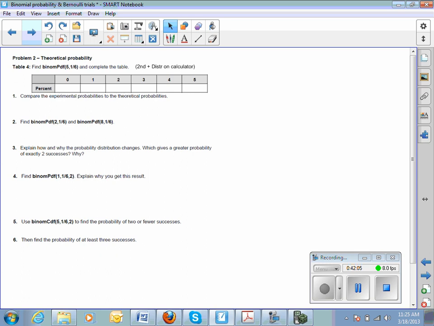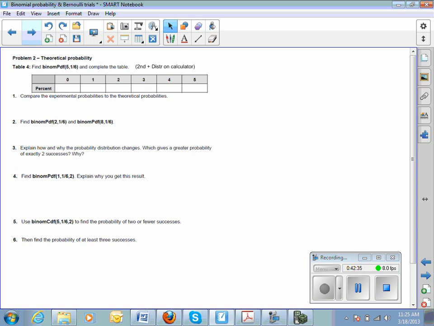So we could fill out this chart pretty quickly by using the binomial PDF function, doing 5 trials and probability of success 1/6, and it'll give us the whole distribution: probability of 0, 1, 2, 3, 4, 5.